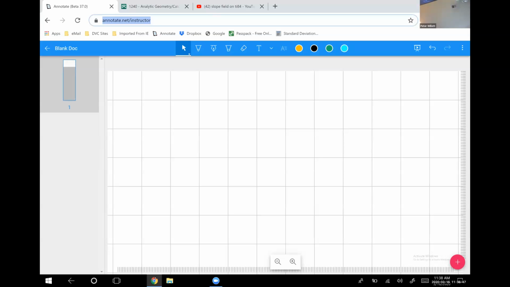Okay, so in A2, we're going to be focusing on sequences. And again, in sequences, that means that at this point, we're not adding up the terms yet. We're just considering the terms themselves.